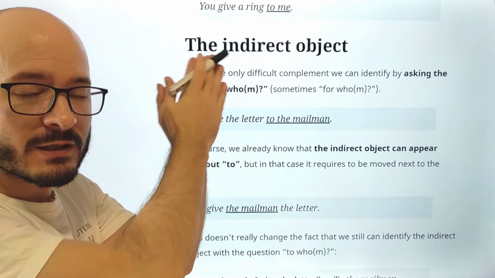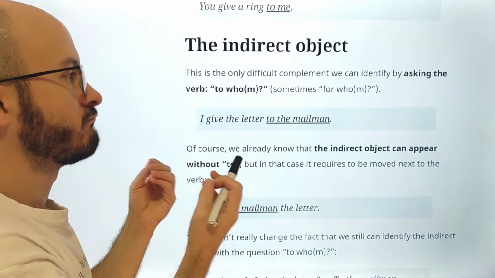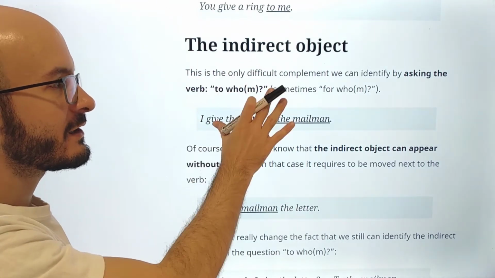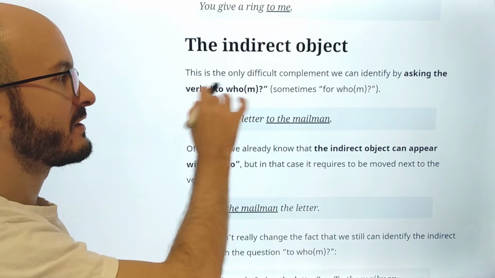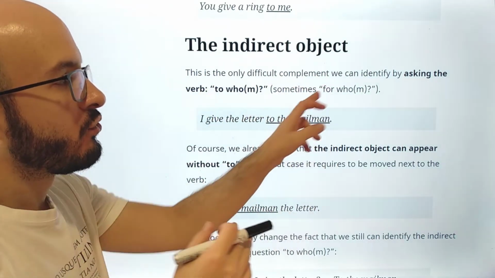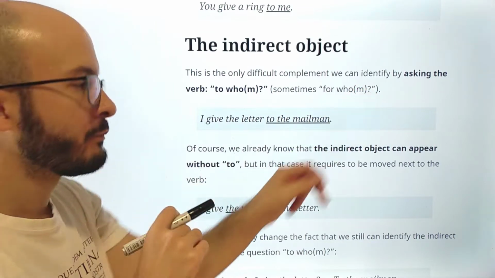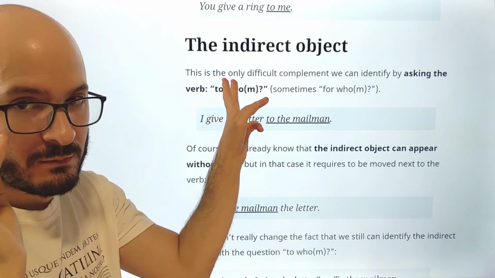We have already said a lot of things about the indirect object, but now we have to study it properly. This is the only difficult complement that we can identify by asking the verb to who or to whom. Sometimes for who or for whom. So this is the only time that we ask something to the verb.